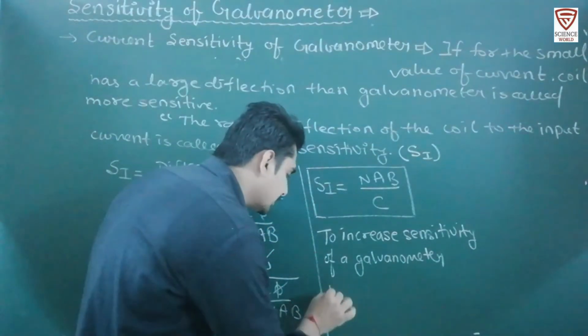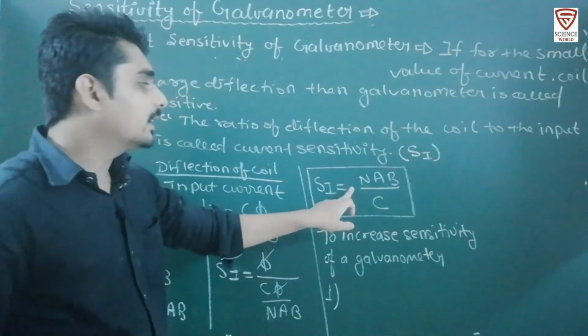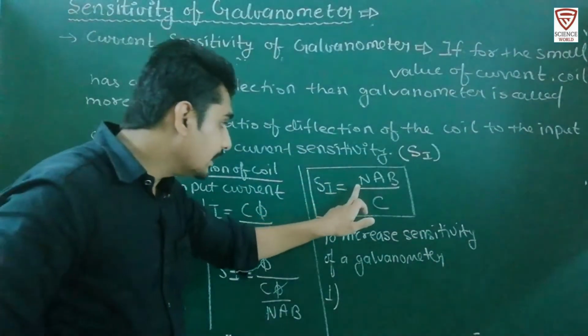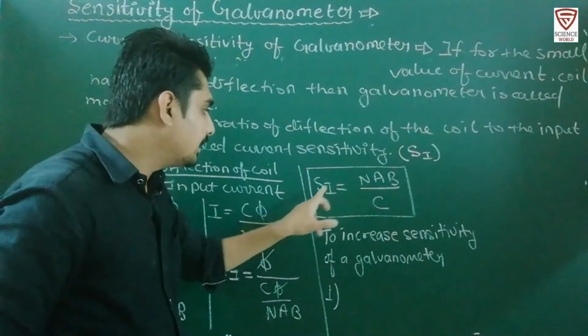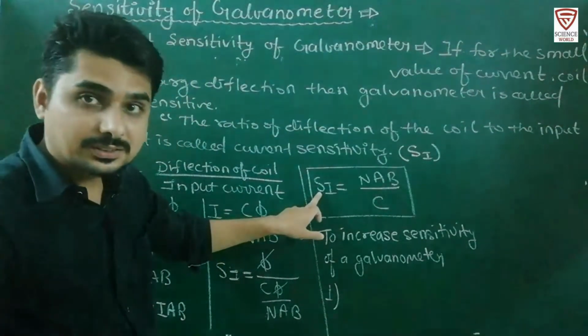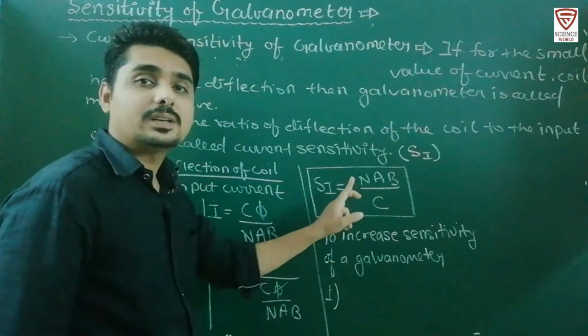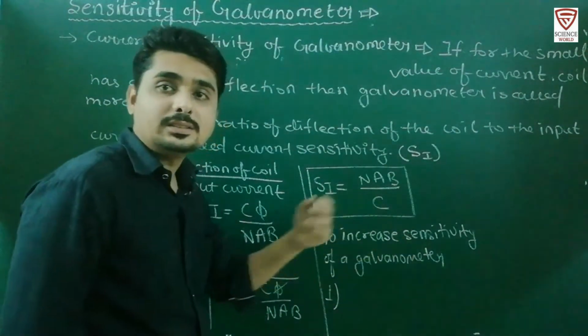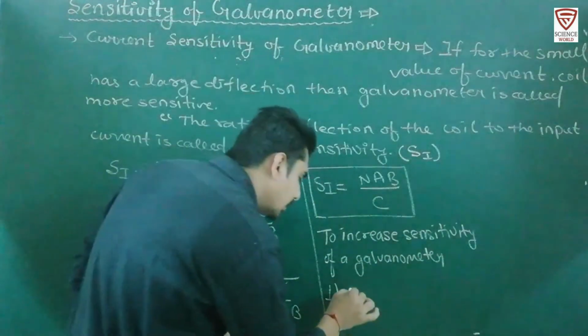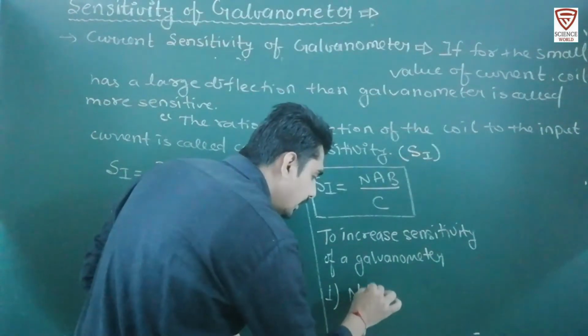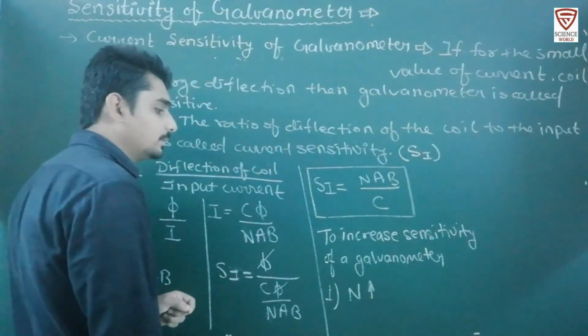Number first, you can clearly see here, if we increase the number of turns, then the value of SI will be increased. So to increase sensitivity, the number of turns should be as many as possible.